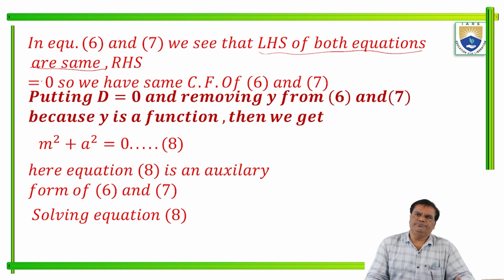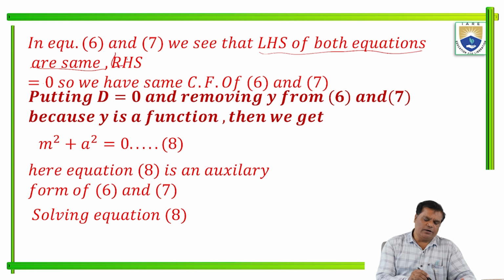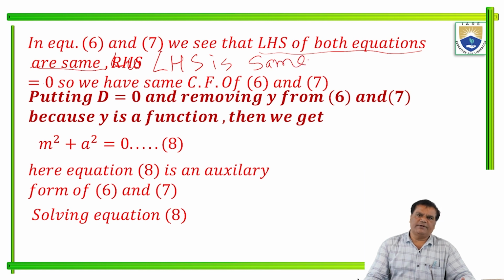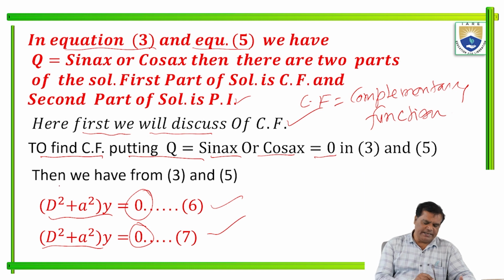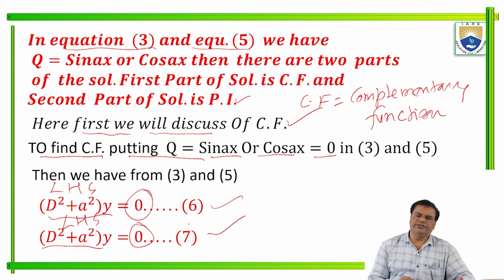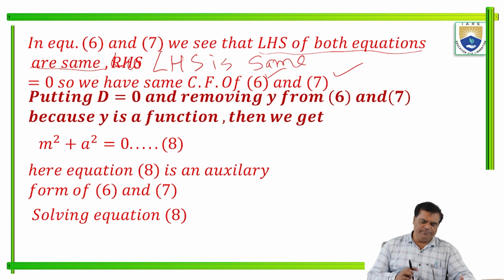RHS is 0 in both equations. So we have the same CF for 6 and 7, since the left hand side is the same and Q equals 0. So we have the same CF of 6 and 7.